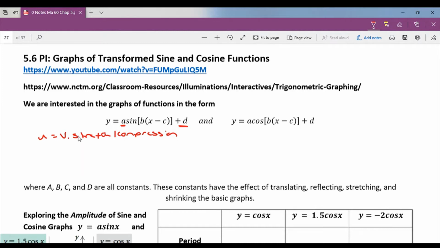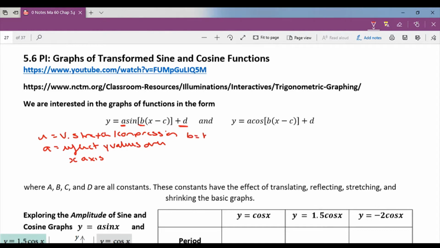The other thing that A can do is that it can reflect your Y values, because it's affecting Y, over the X axis.